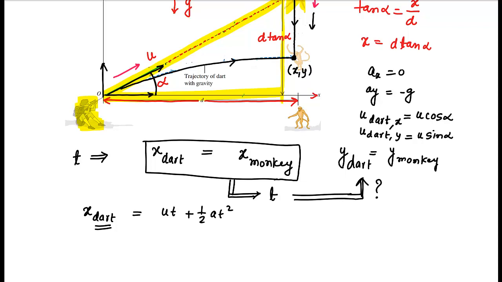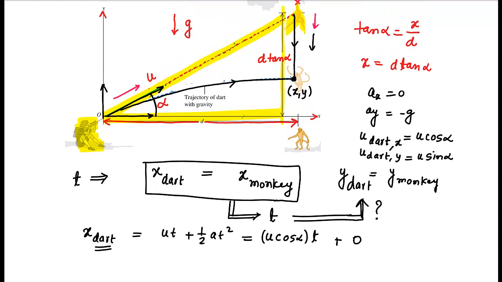So now I can calculate x dart is equal to the speed in the x direction of the dart, that is simply u cos alpha, times time, plus acceleration in the x direction is 0. Now from the figure you can also calculate what is x dart, since collision happens at this point and this distance is nothing but equal to d.